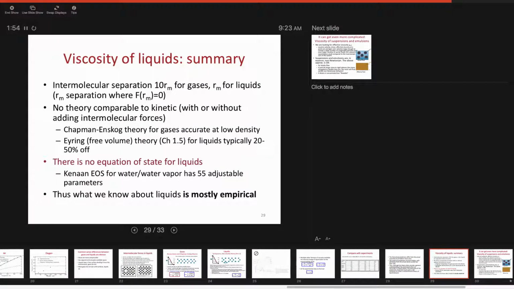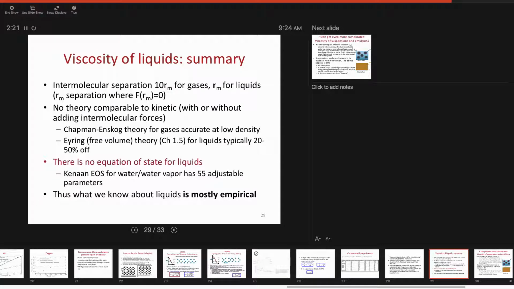In summary, why this doesn't work is that the intermolecular separation is much larger for gases. If you remember that Rm value, the critical value where I change my forces from being repulsive to attractive, it can be about 10.